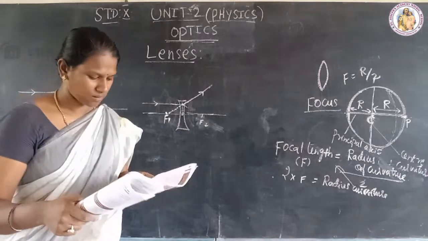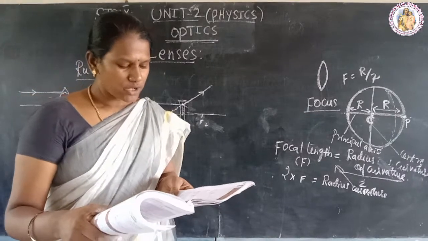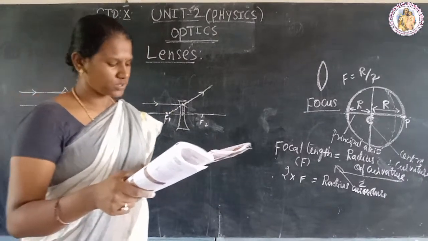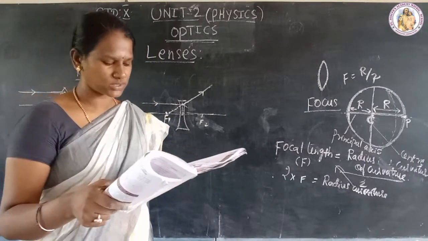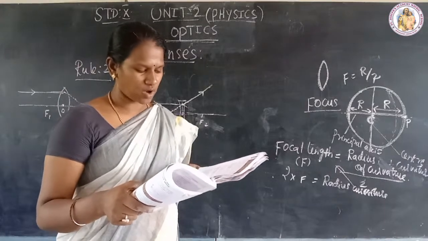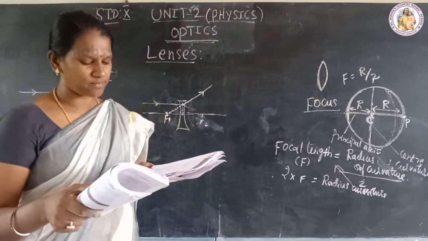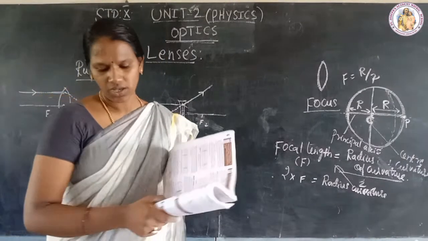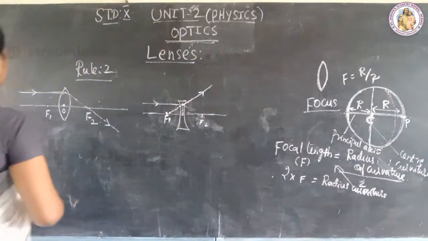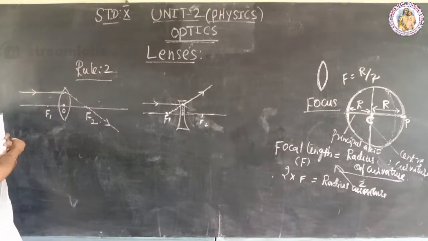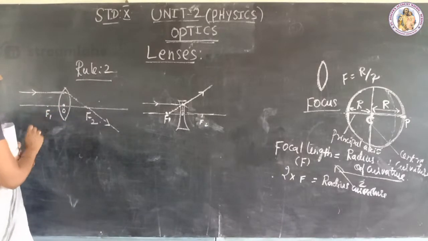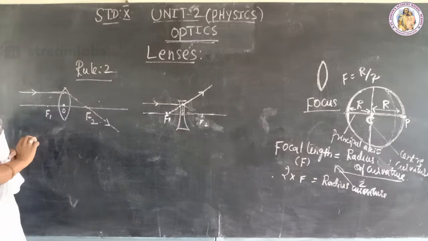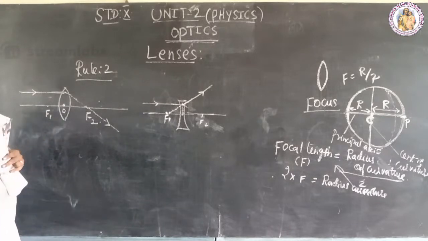Okay, next. Rule 3. When a ray passing through or directed towards the principal focus strikes a convex or concave lens, the refracted ray will be parallel to the principal axis. What happens this time? In rule 1, when the ray passes through the optical center of the lens, it doesn't deviate.